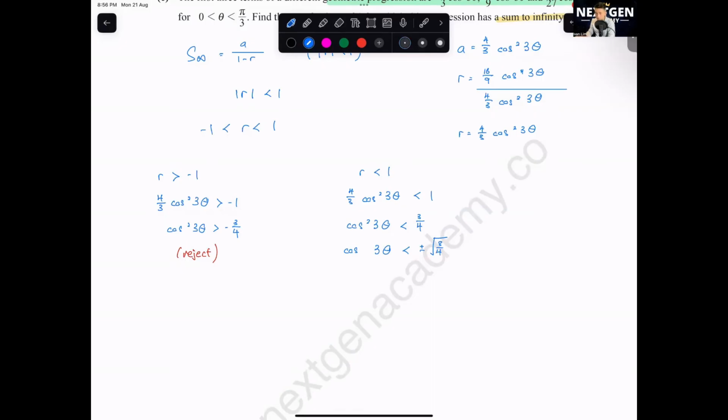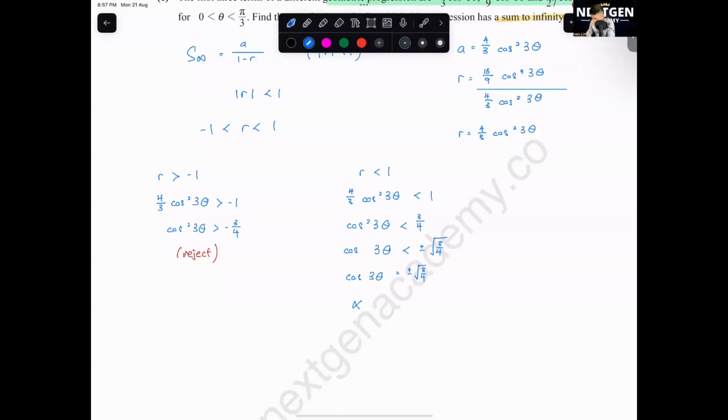When you solve this, just treat the less than as an equal symbol first. You read it as if it's like that. But you need to know that it's less than, because later on we will need to draw the inequality. So cos 3 theta, you look at it like this, plus minus square root of 3/4. We go and solve it as normal. Plus minus means all 4 quadrants.